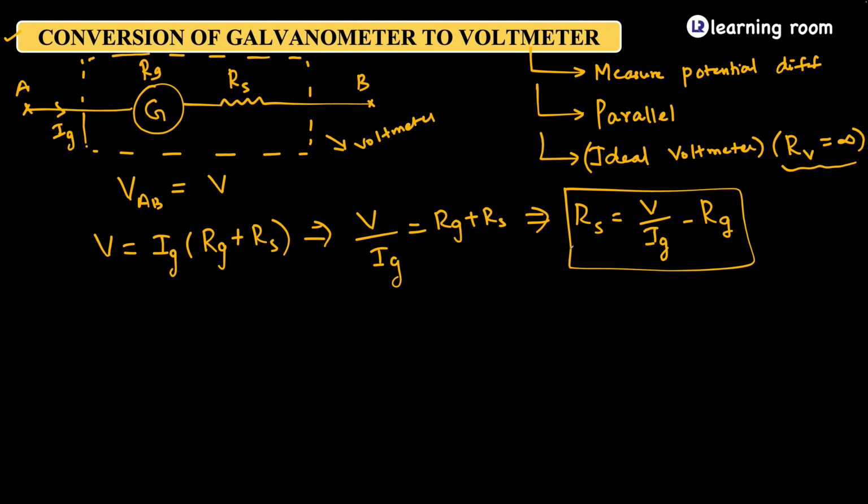So in this case, what are we supposed to do? Take V is equal to 5 volt, substitute it here. Ig and Rg are known to you. So if you keep changing the maximum reading the voltmeter can give us, then the value of Rs will also change. Okay. So this is all about conversion of galvanometer to voltmeter. So just make a note of it.